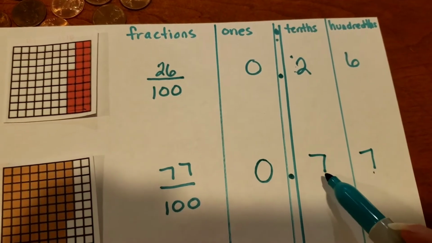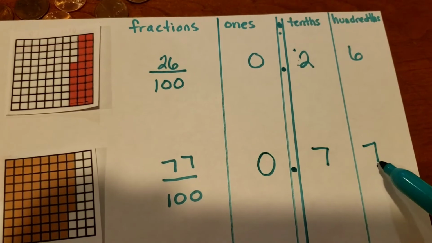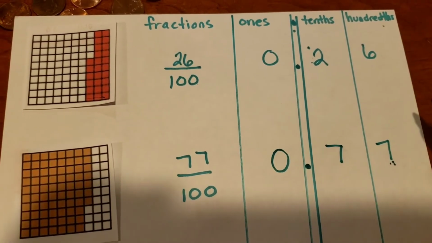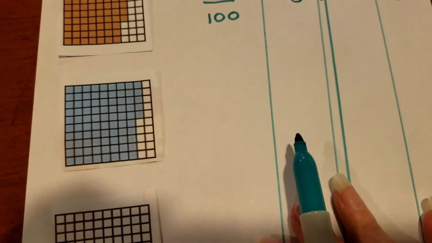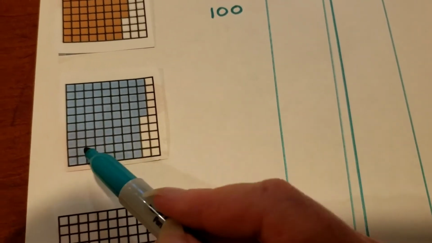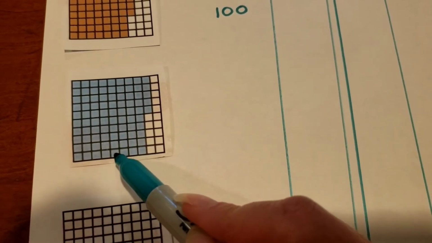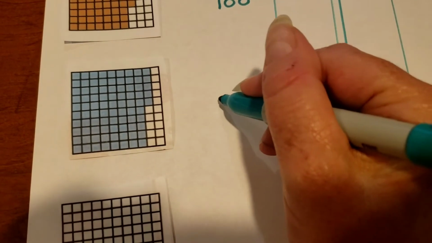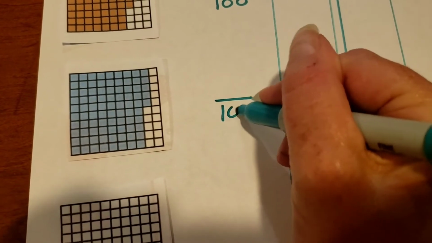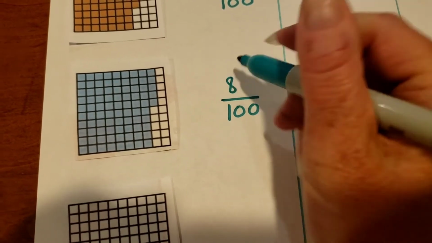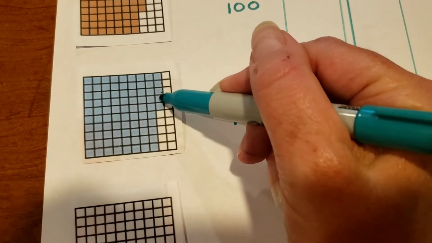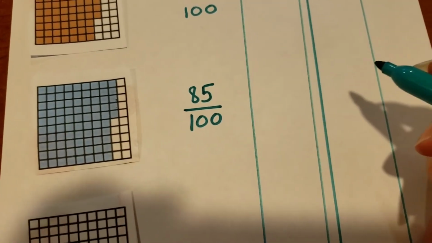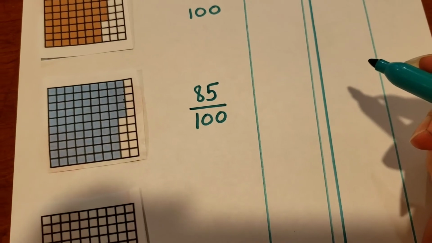When you read the number, you use the label of wherever the last digit falls. So here, 77 hundredths. Down here, this one is almost full. I have 1, 2, 3, 4, 5, 6, 7, 8 full rows of the tenths, right? Out of 100, I have 8 full rows shaded in, plus 1, 2, 3, 4, 5. So that's 85 out of 100, or 85 hundredths.